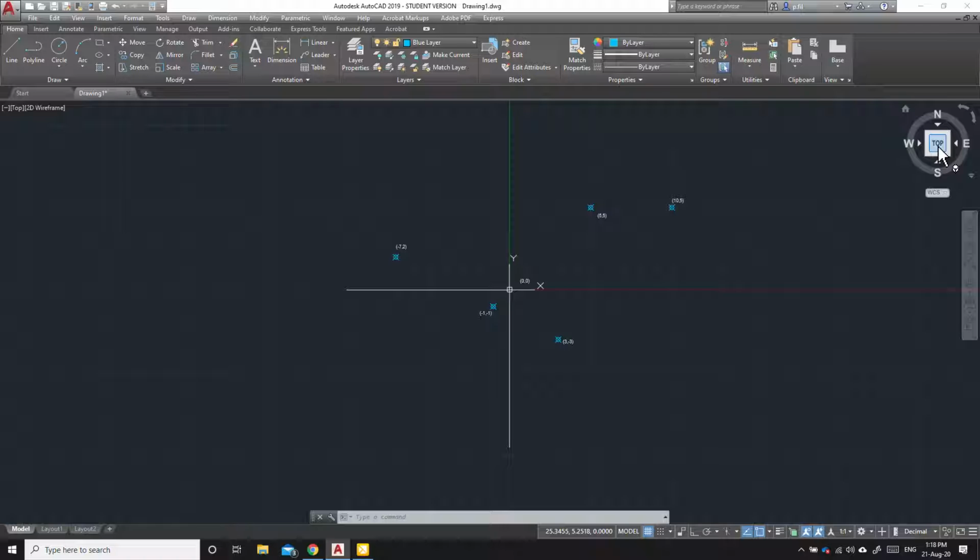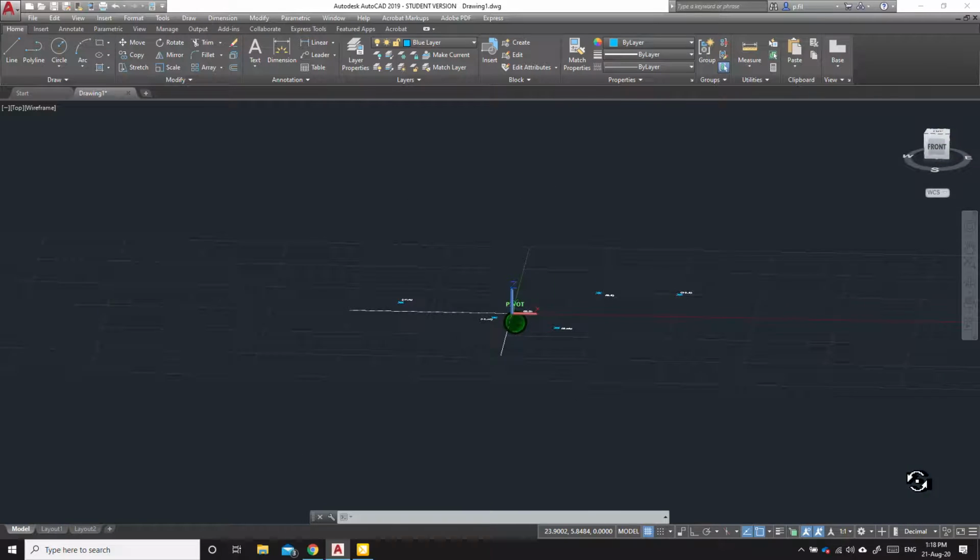Think of this as if you open up a building, you tear off the ceiling, and you're looking down onto the floor. That is the view that we see by default. I'm just going to turn this a little bit so you can see. The World Coordinate System is basically that top-down view.